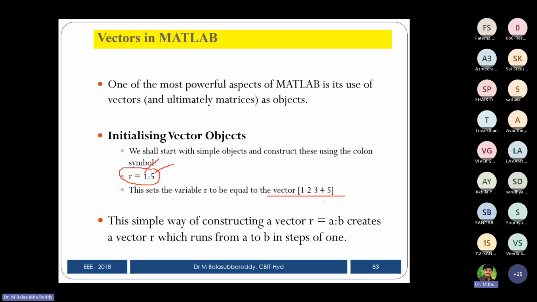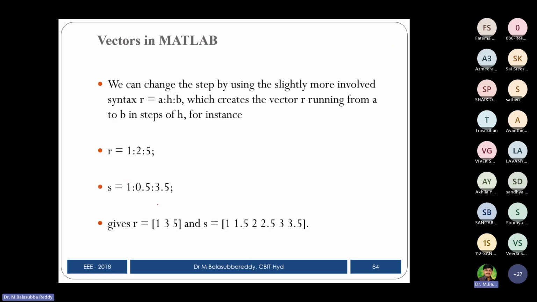But suppose you have specific requirements and want to specify the increment as well. In that case, you need to write one more parameter, the increment parameter. So that is starting value, then in between you must specify a number, which is the increment, then ending value.